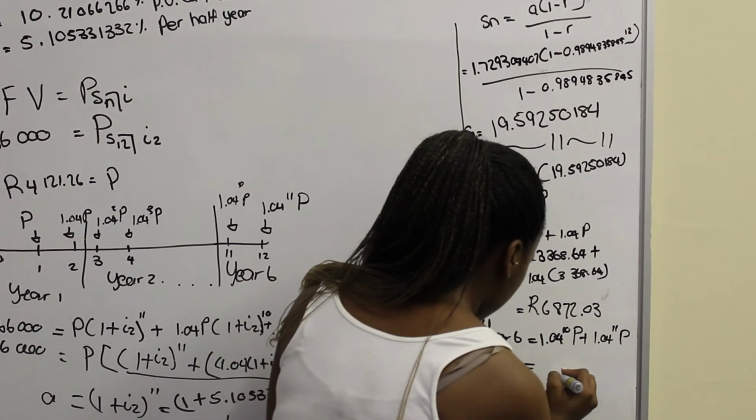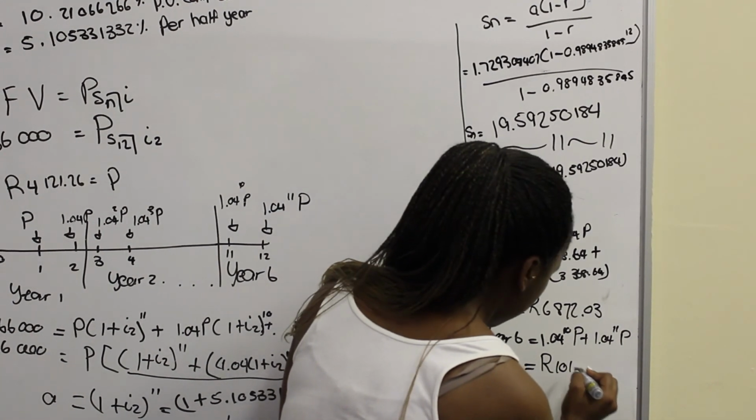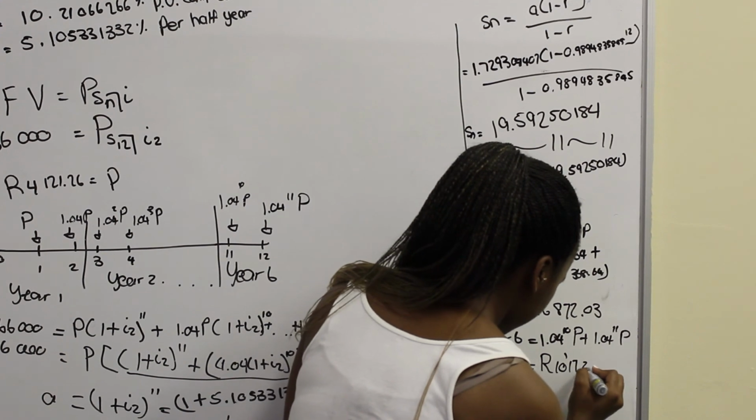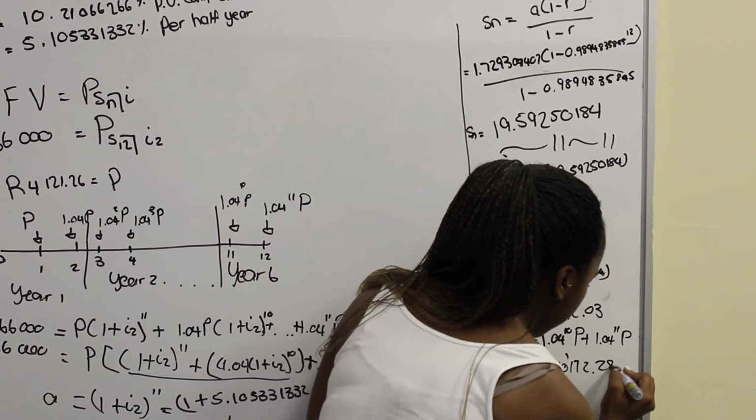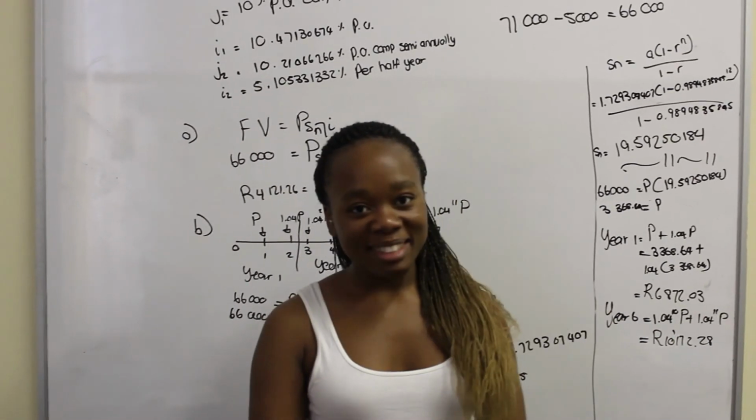And that's going to give us a total of 10,172.28. This is what you paid in the 6th year, 12th payment. Thank you.